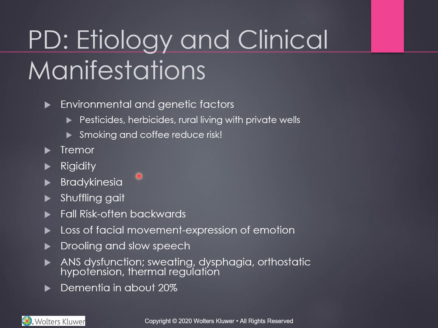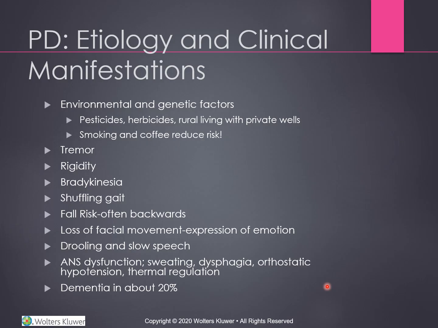As I mentioned earlier, people with Parkinson's are at high risk of falls. They have a hard time maintaining that upright posture. And when they do fall, they often fall backwards, which is an unusual way to fall. Most people typically fall forward or to the side. These folks fall backwards. Over time, they also lose the coordination of movement in their face.